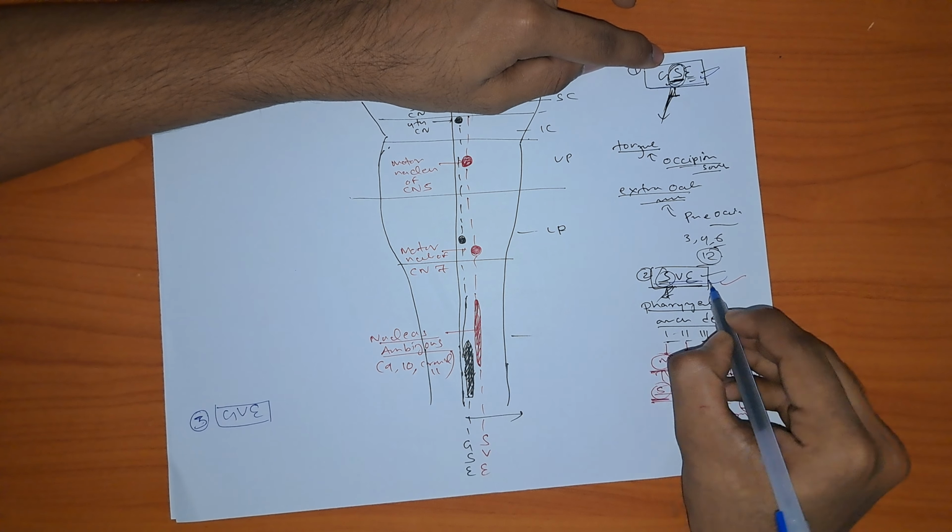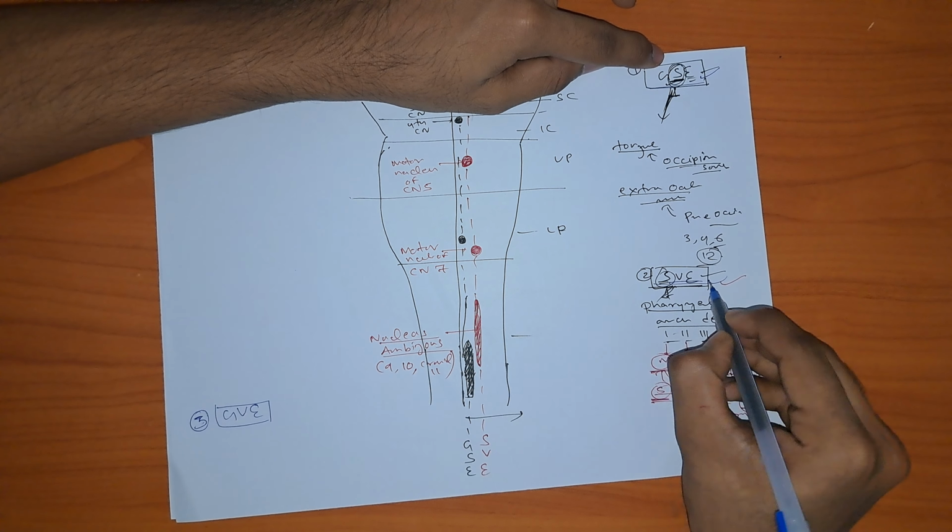It will supply all the parasympathetic-related muscles and glands. We have various glands in the head and neck of parasympathetic origin that are supplied by the postganglionic parasympathetic fibers.